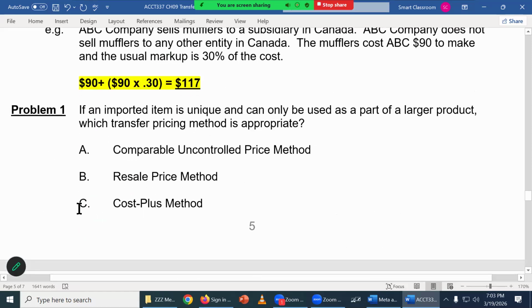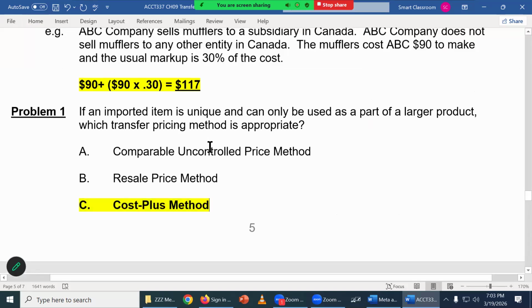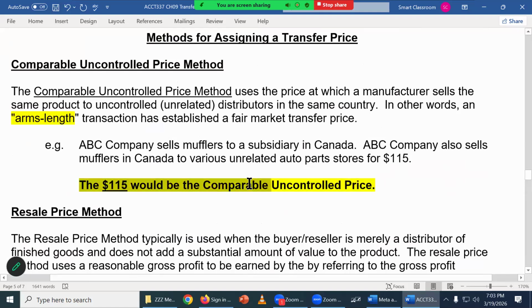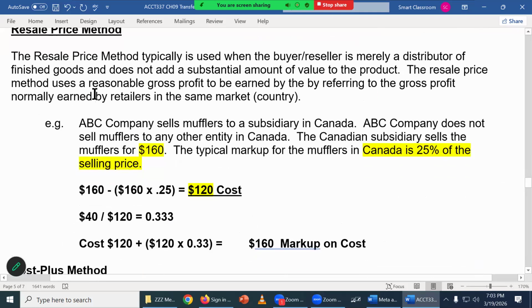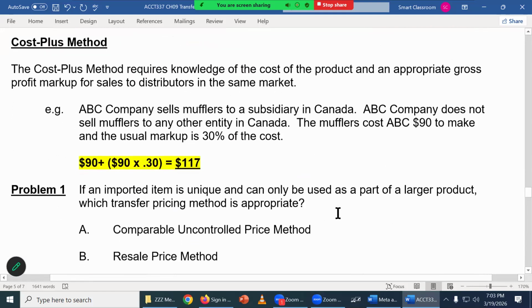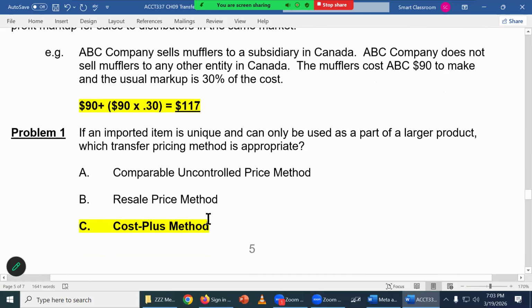You're probably going to end up with cost plus, just because there isn't really a market you can point at. This one says you're selling it to different places up in Canada for 115, so that means there's a market. This one also says there's a market. They're selling them and their typical markup is 25%. If they're only selling it to one place, and it probably is the parent company, they probably have to use the cost plus method.